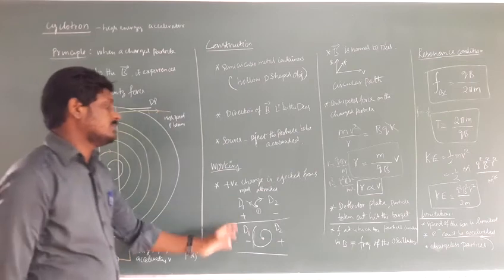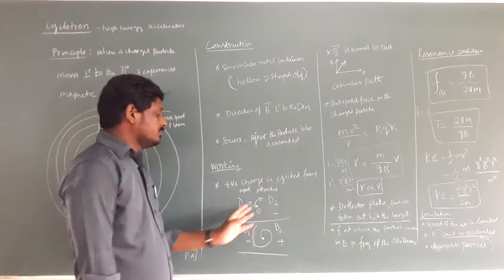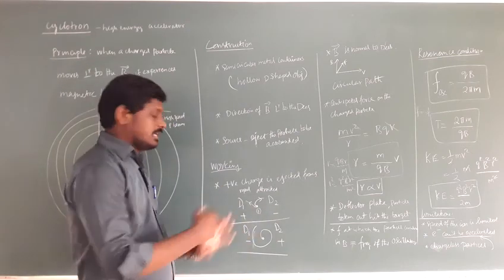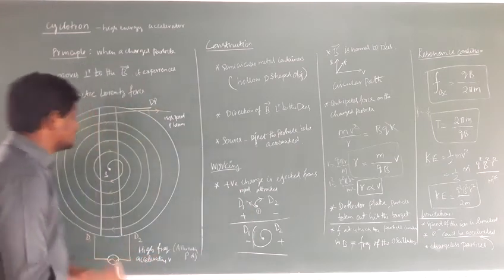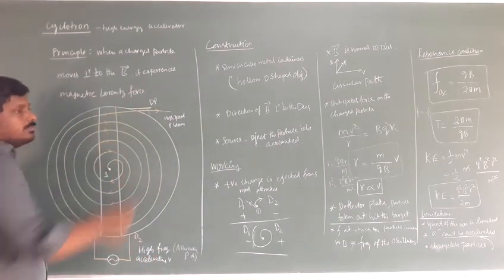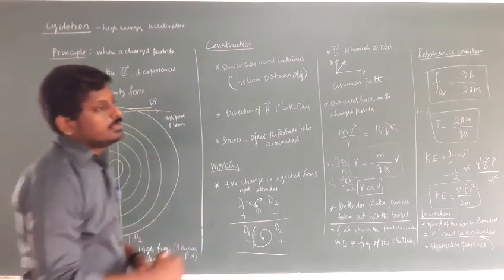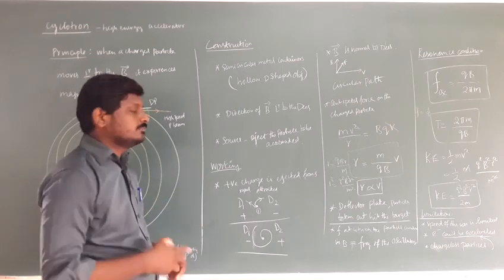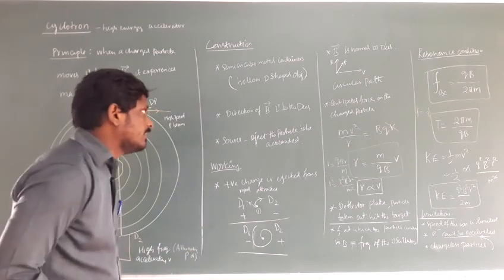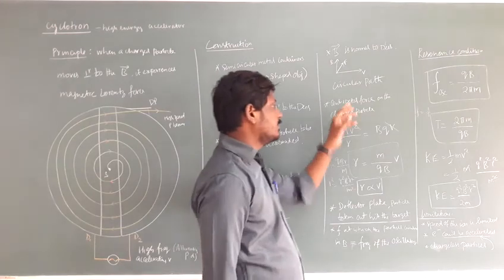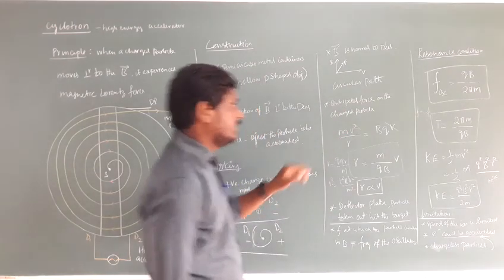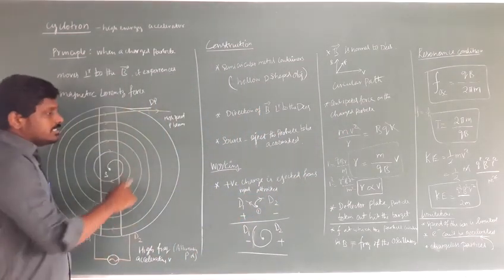If D1 is positive, D2 should be negative. The polarities of D1 and D2 alternately change to keep the charged particle moving in a circular path. The magnetic Lorentz force acts as the centripetal force, a force acting towards the center, so the charged particle moves in a circular path.